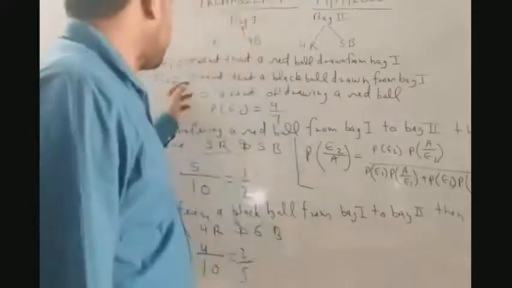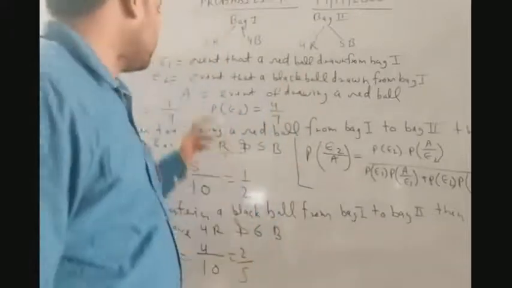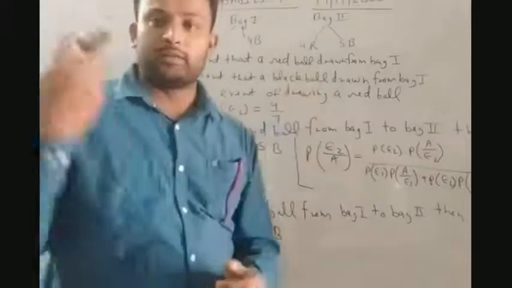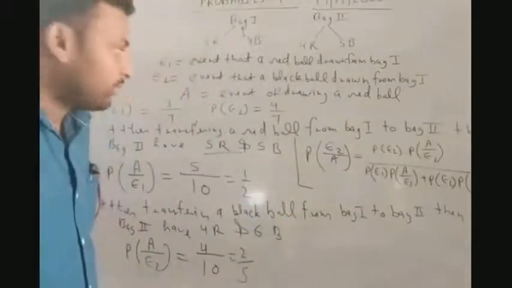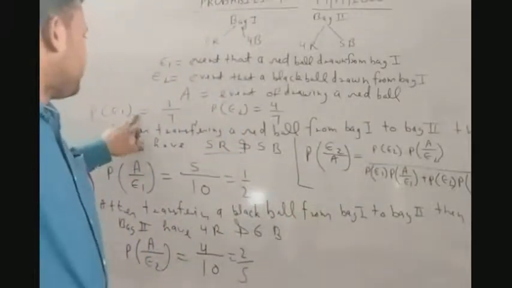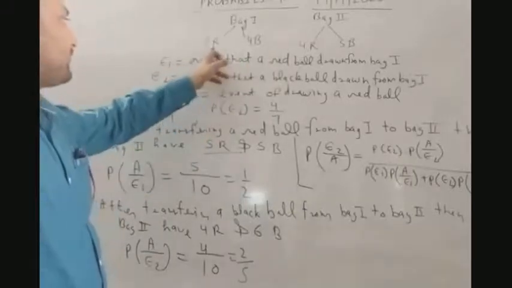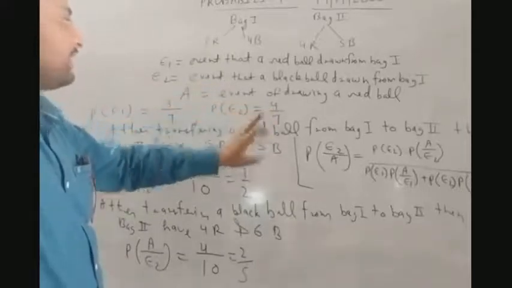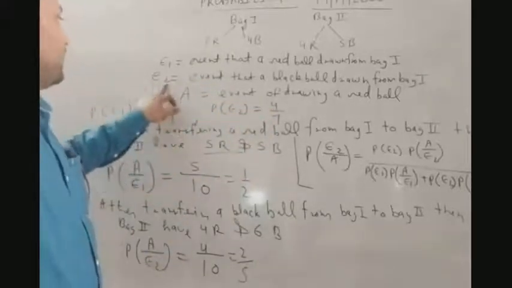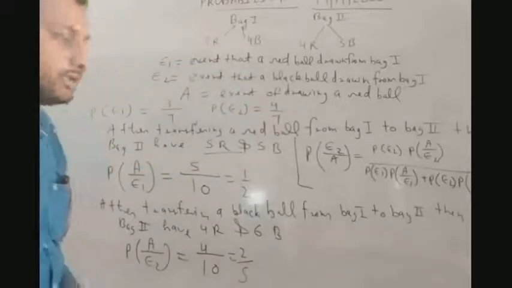In the second condition a black ball is drawn from bag first, and our condition A is drawing a red ball, because it is given in the question that the ball is found to be red. So the probability of E1 will be 3 by 7, because in bag first there are 3 red balls. Sorry, in bag first there are 4 black balls, so the probability of E2 will be 4 by 7.